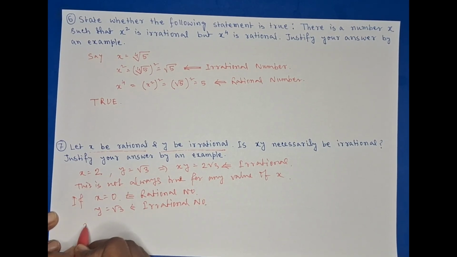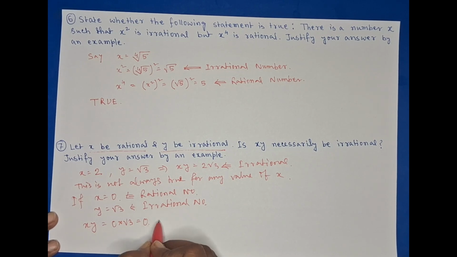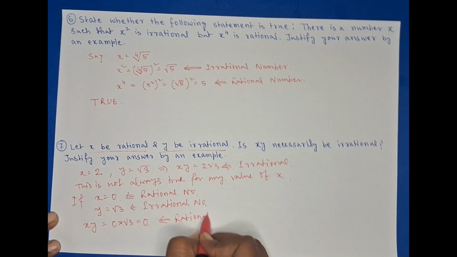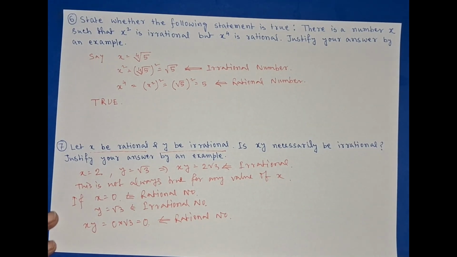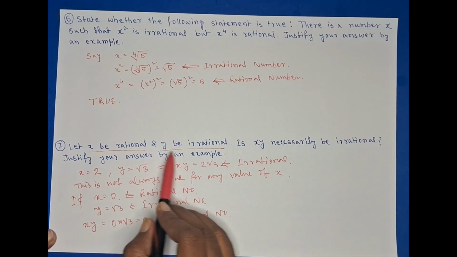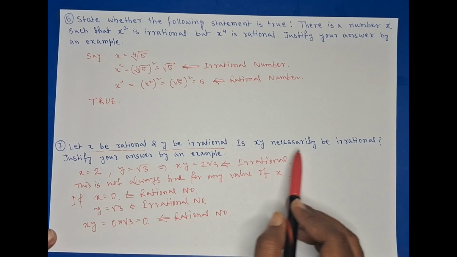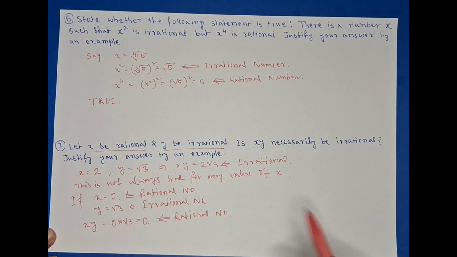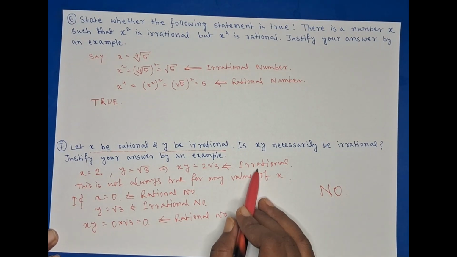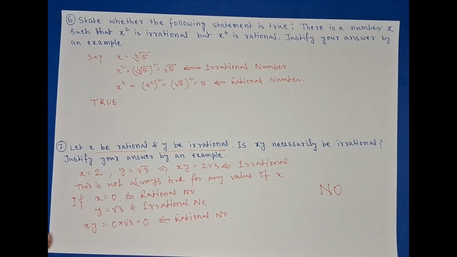Then what is the value of xy? The product xy is nothing but 0 into root 3, which is equal to 0. And is this a rational number? Yes, this is a rational number. Product of xy becomes a rational number. So let x be rational and y be irrational. Is xy necessarily irrational? No, the answer is no, not always. It may be irrational or it may be rational.